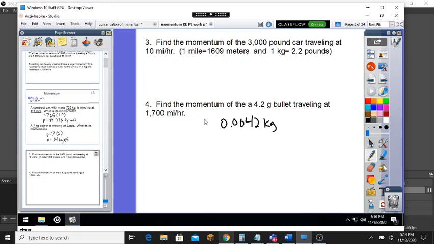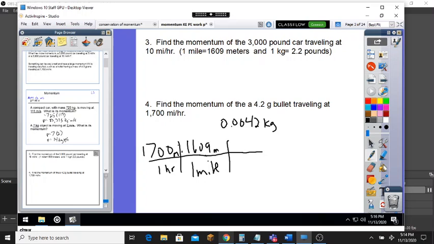So 1,700 miles per hour. I'm going to convert that to meters per second. Miles per hour. And we know that in 1 mile, there's 1609 meters. And in 1 hour, there's 3,600 seconds. Okay, so I'm going to multiply everything on the top, 1,700 times 1609.